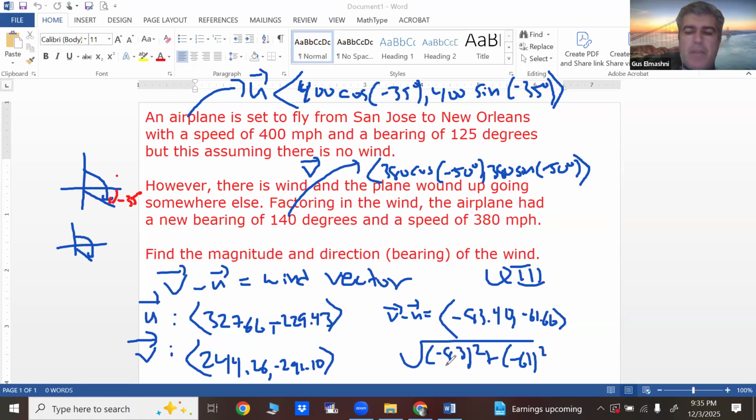Getting a little lazy, not gonna put the decimals here. When I square root it, I do get 103.72. So that's the speed of the wind.